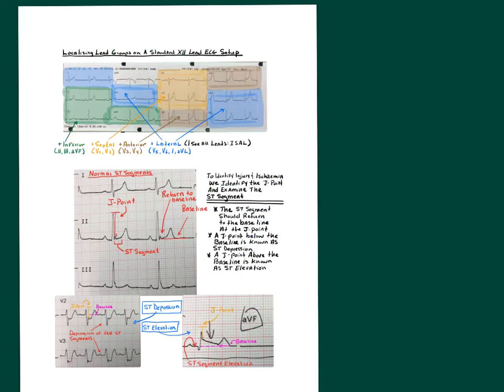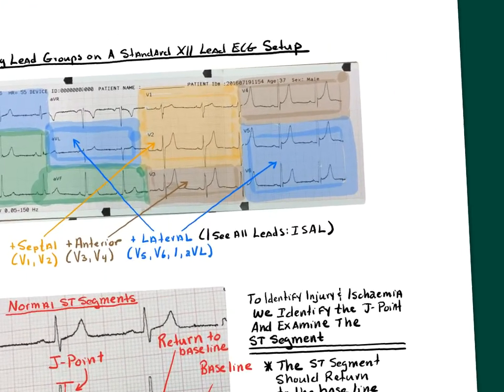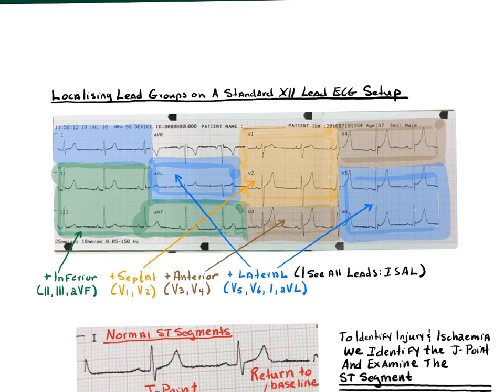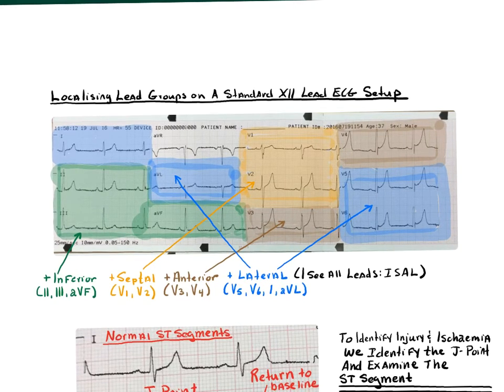Move right on. Okay, so next what I want to do is just show you what a standard 12-lead ECG looks like. So let's zoom in here. Can you guys all see that okay in the back? So this is what a standard 12-lead ECG setup looks like. Oftentimes, near the bottom of the 12-lead, where I drew that arrow, you'll also have a rhythm strip that gets printed out.